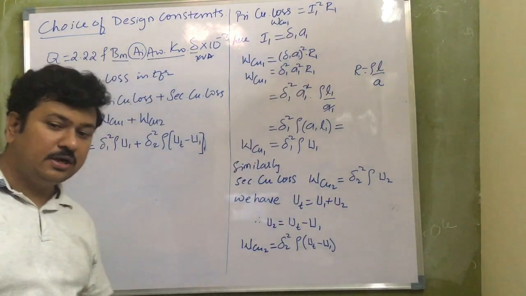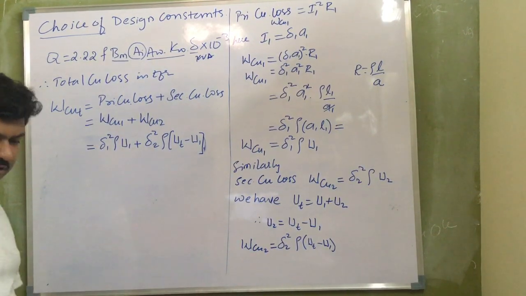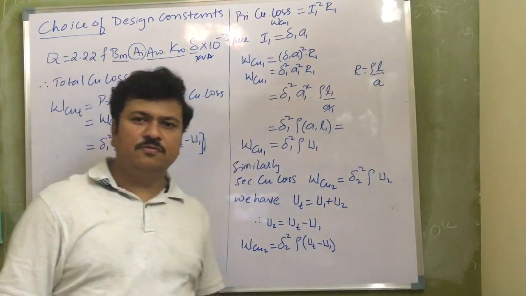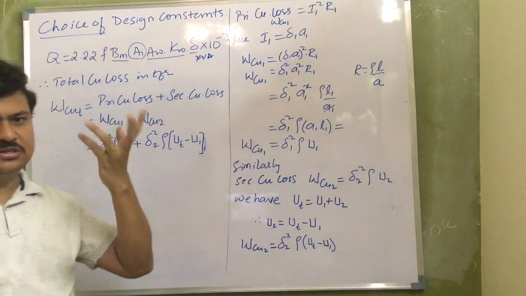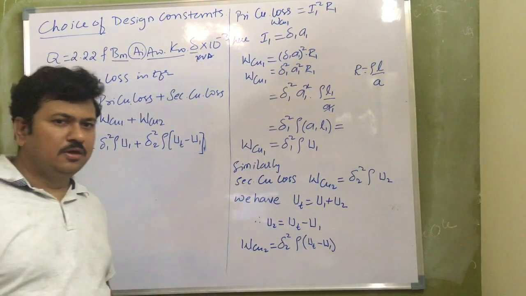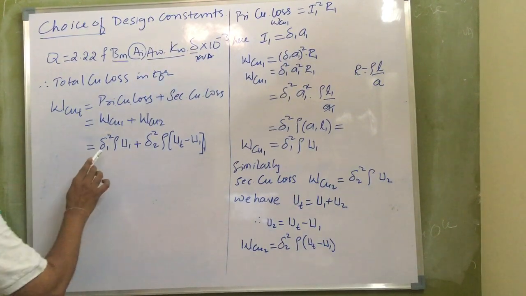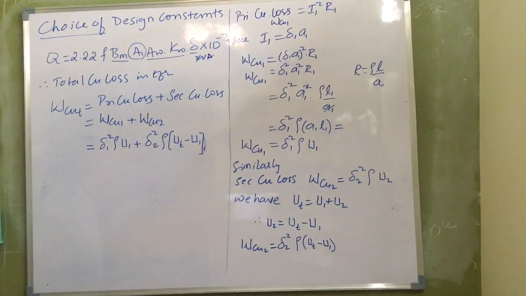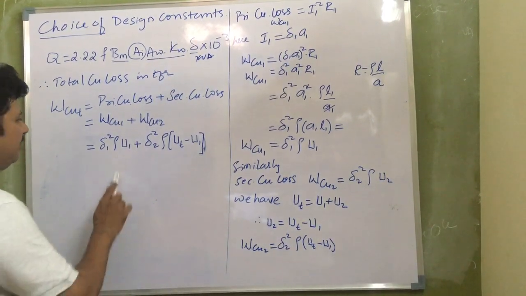Now when will the copper losses be minimum? I want the condition for minimum copper loss. That is what we are dealing with. We have seen in the statement that by the choice of equal value of current densities in primary and secondary, my total copper losses in the transformer are minimum. So the condition for minimum copper losses is that, see, delta 1 is a constant apparently, rho is a constant, the only variables are U1 and U2.